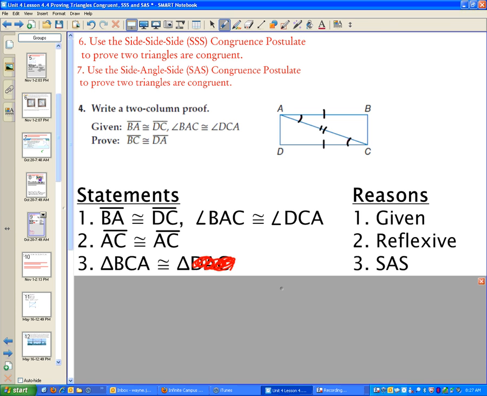So if I call this triangle BCA, and I could have called it ABC. I don't know why I called it BCA. But I did. I called it BCA. Then we've got to figure out what corresponds to what. So here's angle B right here.